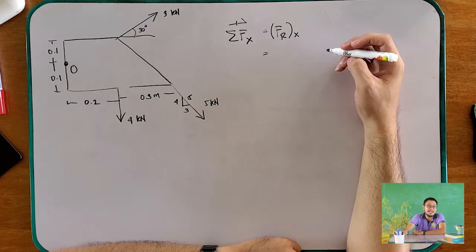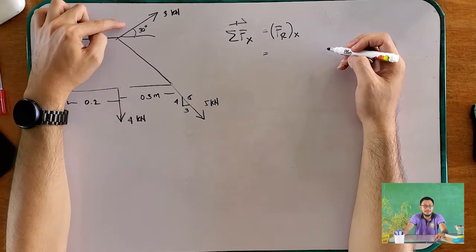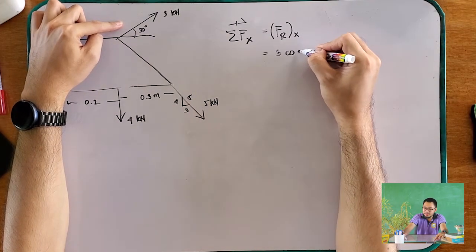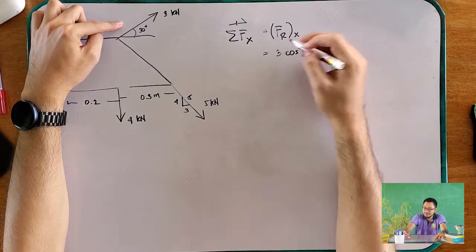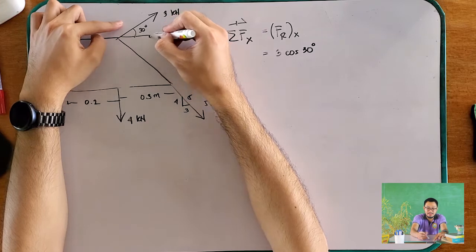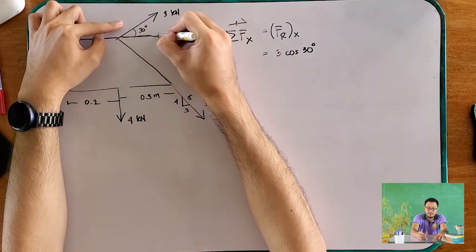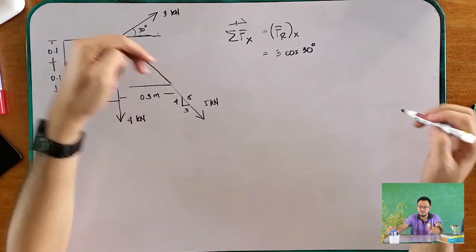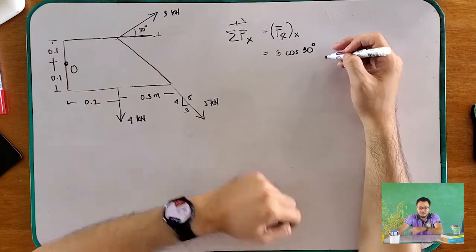Sige, pinaspasay na ni atong pag-solve ha. Una, 3 cosine 30 degrees. This is your x component. And positive siya because it's going to the right. So, 3 cosine 30.